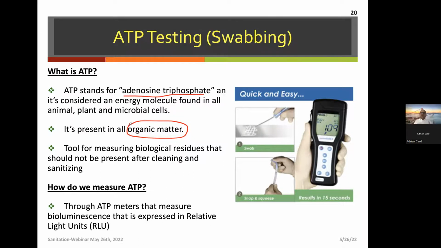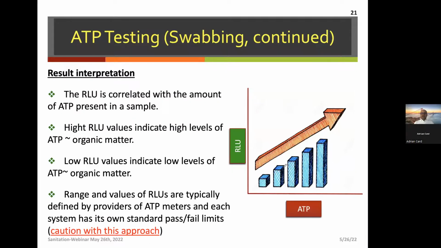So how do we measure ATP? This is an example of how we measure ATP. This is an ATP meter. It doesn't matter the brand, but the key part is how you're doing the swab and what area you are swabbing, okay? And this ATP is measured basically in units called relative light units. And how these units relate to organic matter is basically in this way.